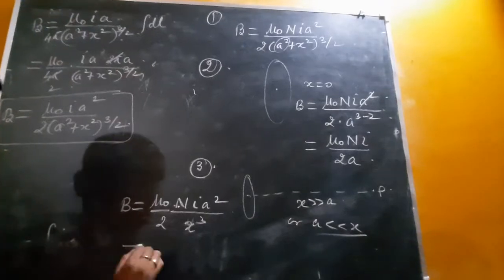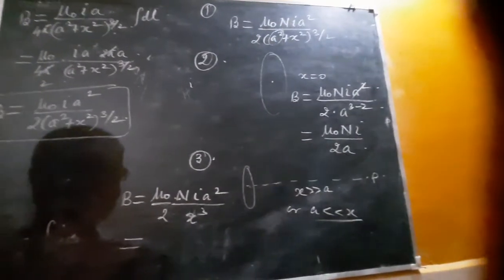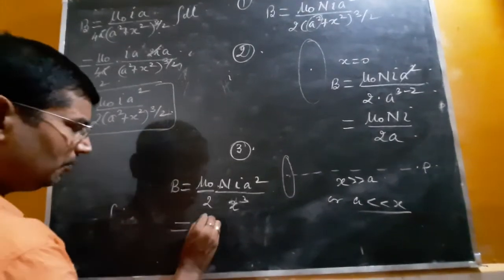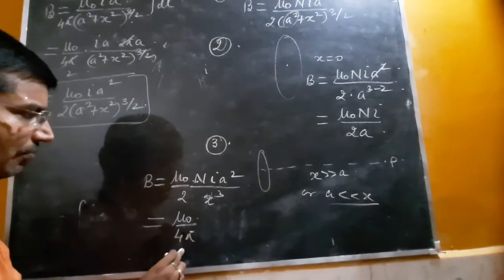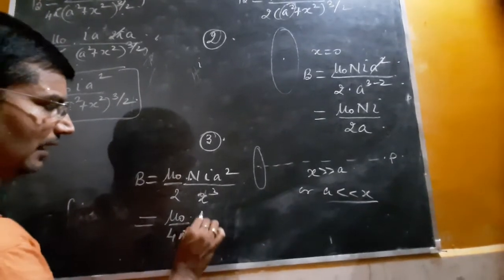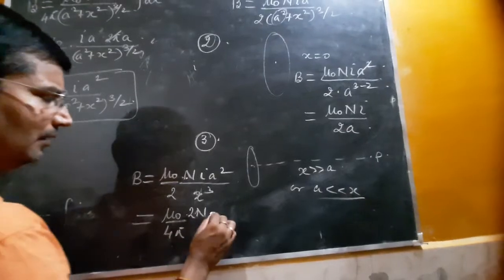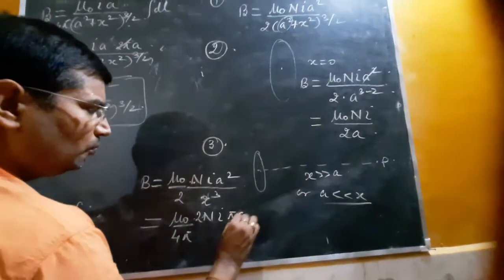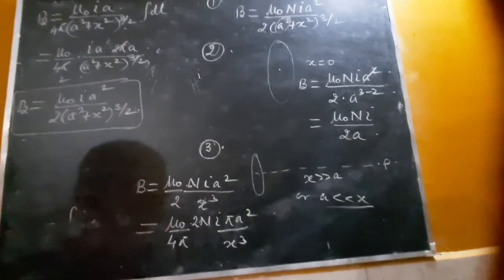So this will be multiplied by 2 pi in numerator as well as in denominator. You can write mu naught upon 4 pi, 2 pi into 2, that will be 4 pi, and this is 2 N I into pi a square upon x cube.